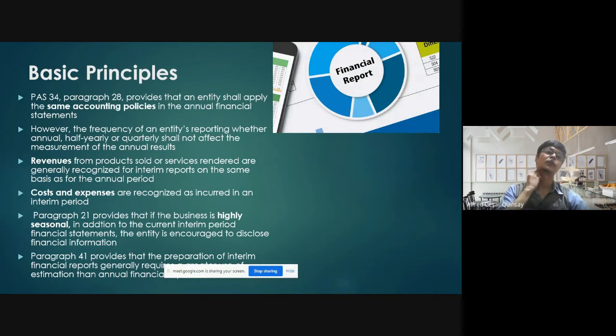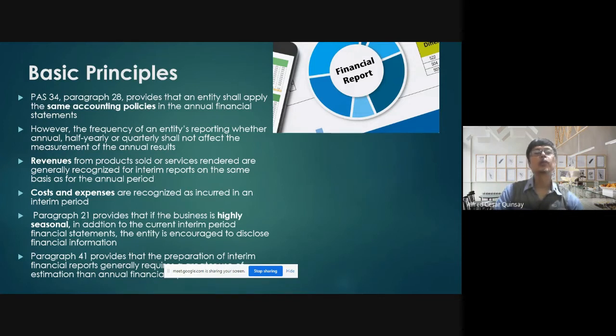Yan. So, especially yung walang material na effect doon sa annual, no? Kasi at the end of the year, kailangan pareho yung those financial statements, no? Whether it's done interim or yung annual, yung interim should complement the annual.